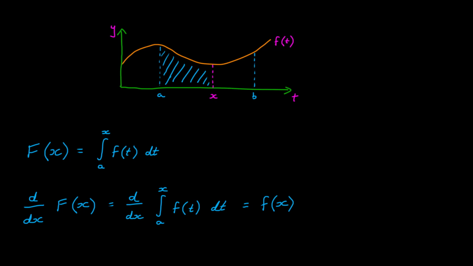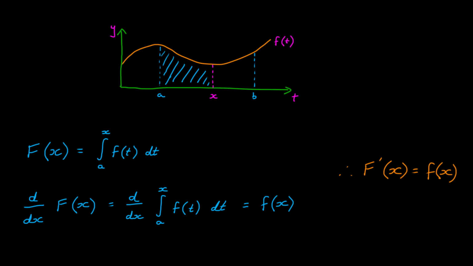Now this is really important because what we're saying is that F dash of x is equal to f of x. What this means is that the area under the curve from a to x is an antiderivative of the function itself.